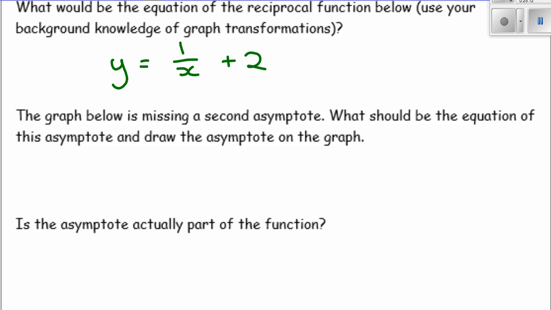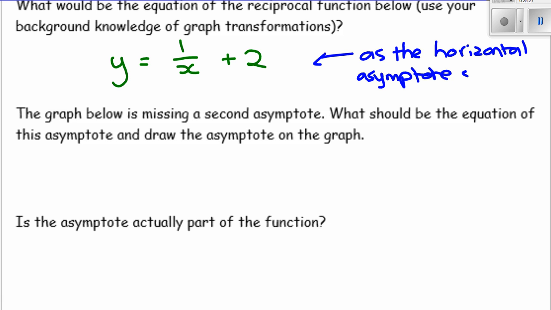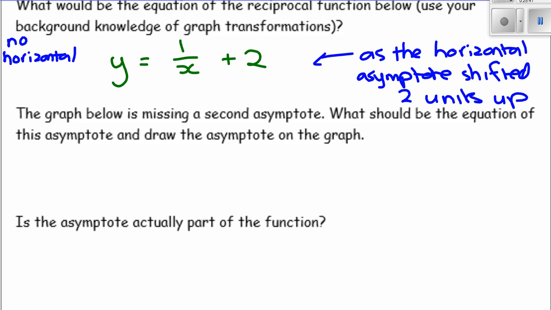So translate it 2 units up. We could say the horizontal asymptote had shifted 2 units up as well. And also, if you've got space, you can say there's no horizontal translation or transformation.